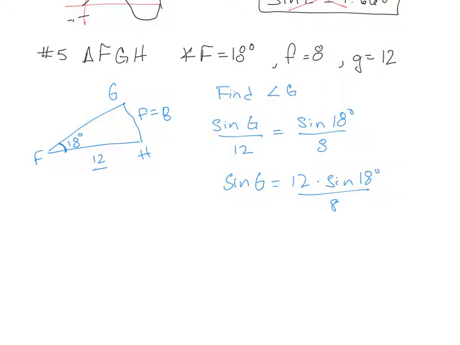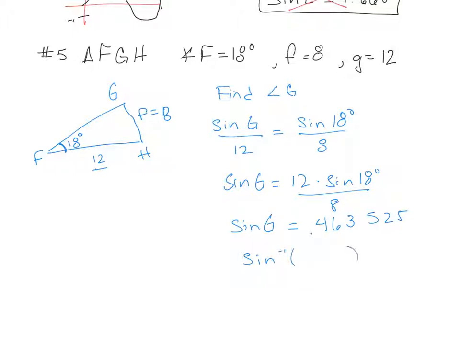If I plug all of that in my calculator, I get the sine of G is equal to 0.46325. Now to find out what that angle is, I do sine inverse.